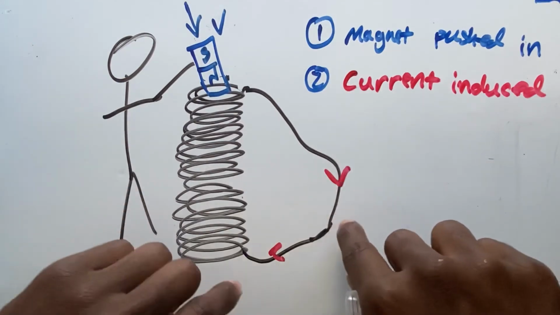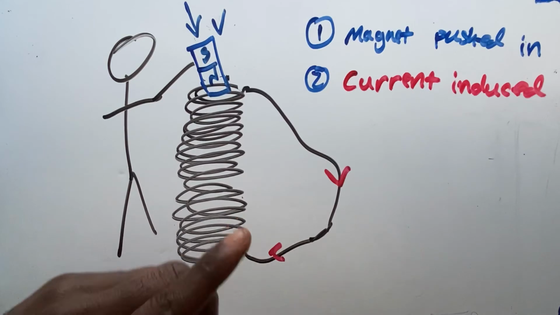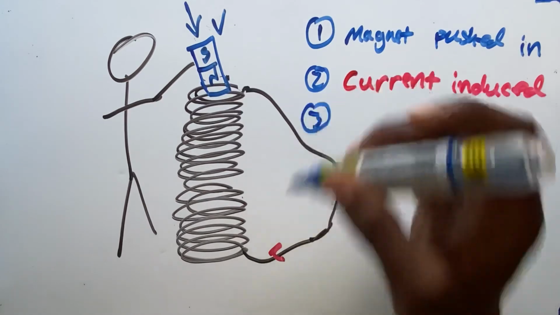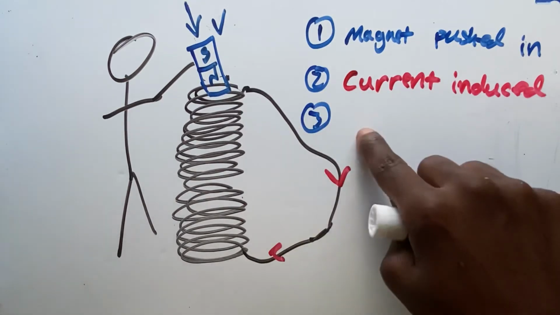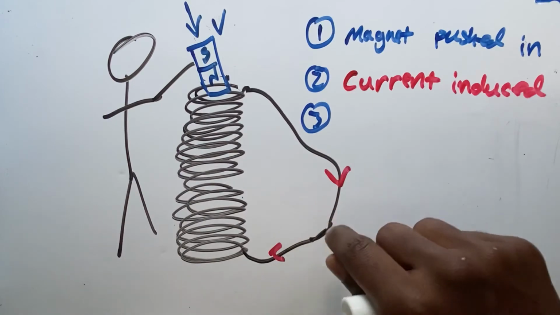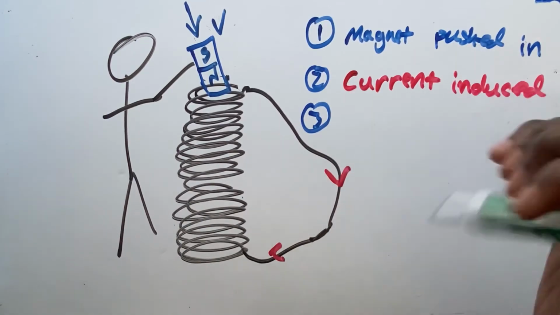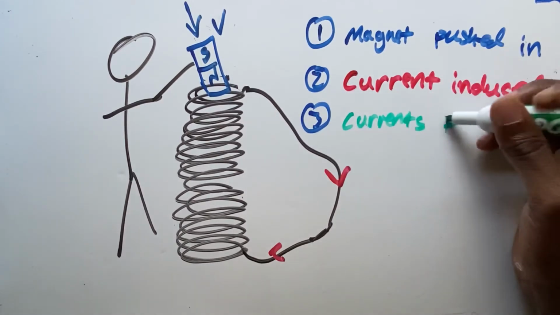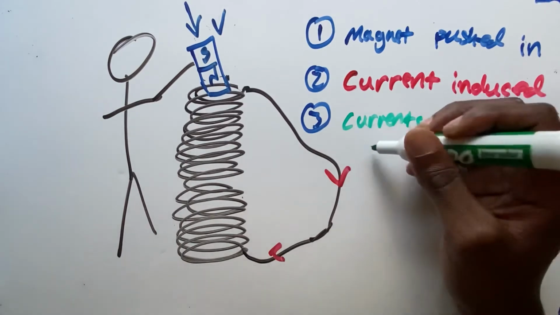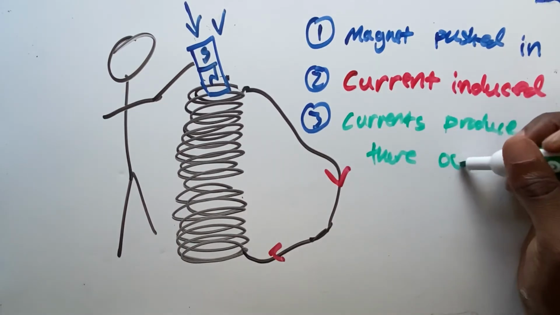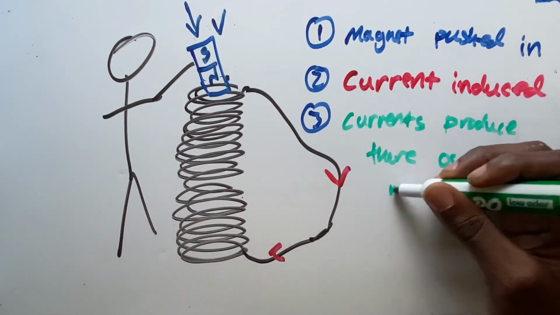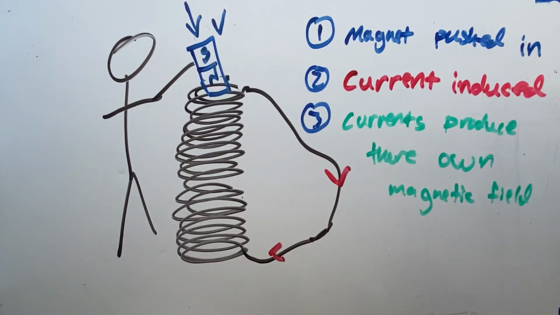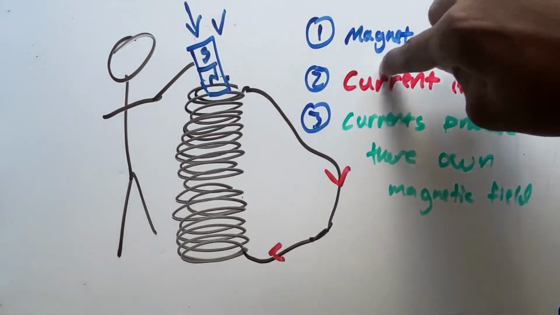Well, what do we know about basically wires that carry a current? So basically 3 is that wires that carry a current, they basically produce a magnetic field as well, right? So now we know currents produce their own magnetic field. So now we have an induced current.